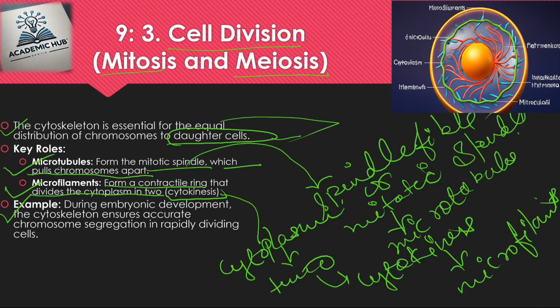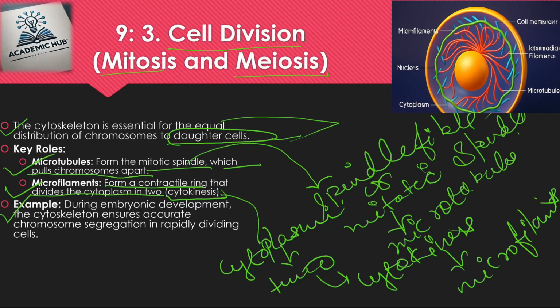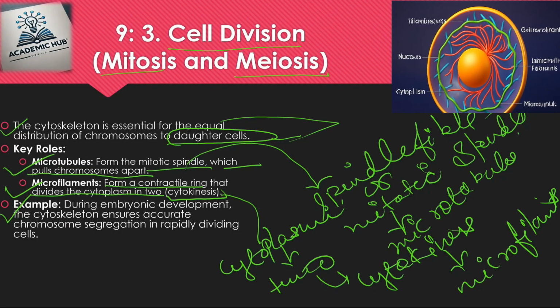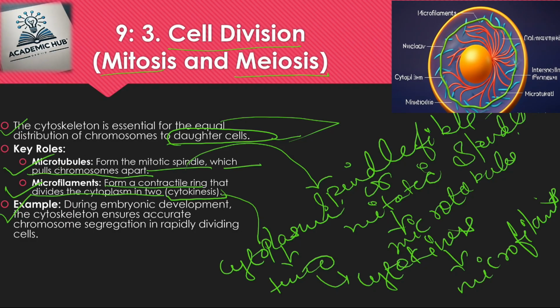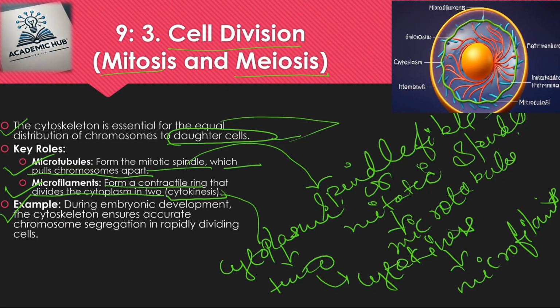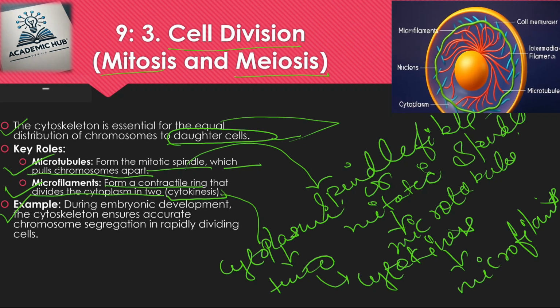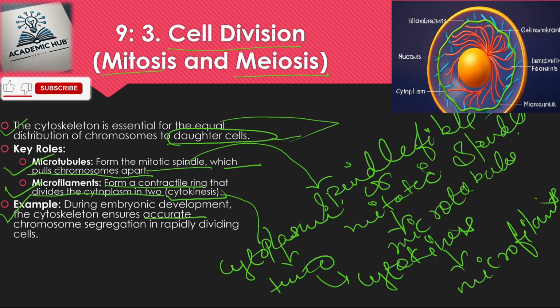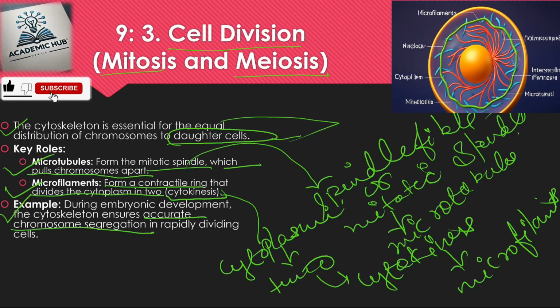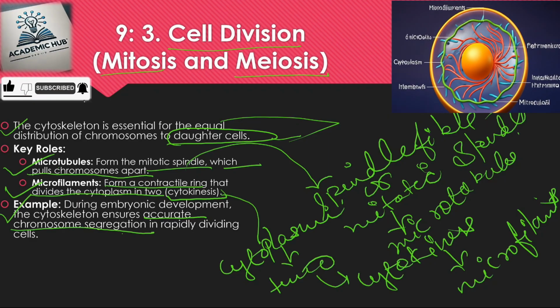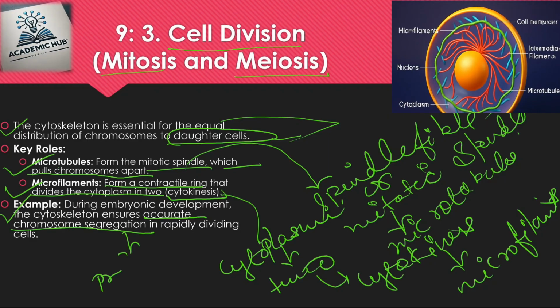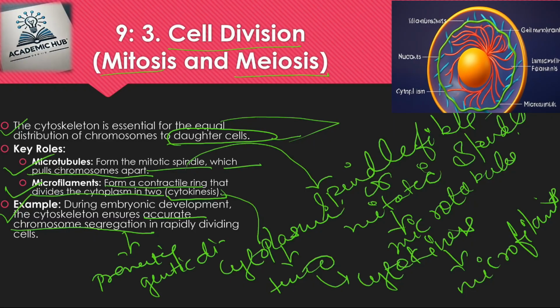During human embryonic development, cells divide rapidly to form tissues and organs. The cytoskeleton ensures proper, accurate chromosome segregation, preventing genetic disorders.